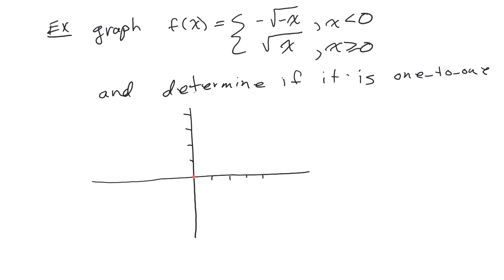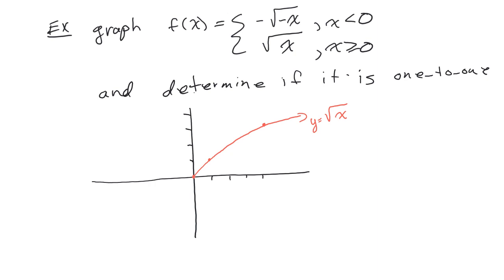It goes over 1, and when you square root 1, you get this point here, 1, 1. When you go over 4, the square root of 4 is 2. So this part represents the square root of x. So that's y is equal to the square root of x. Okay?